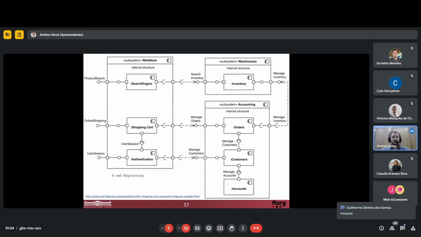And another example, this is actually UML diagrams. So if you are familiar with UML, you might be familiar with this component diagram, and this is much closer to what we will use in the computer engineering domains.